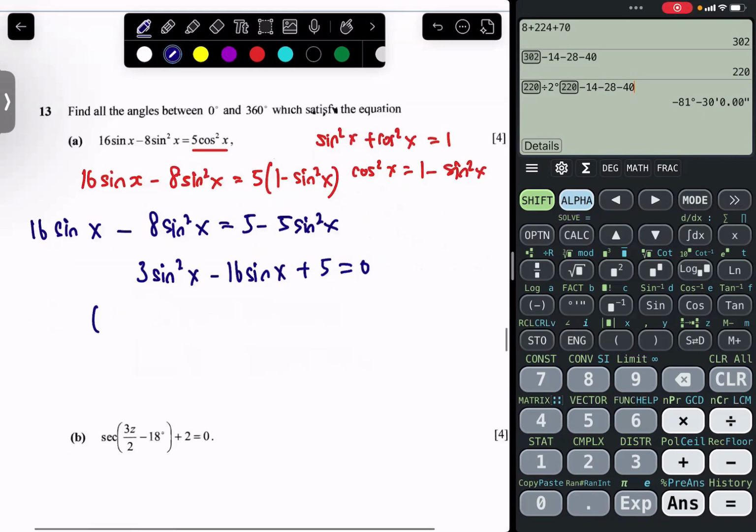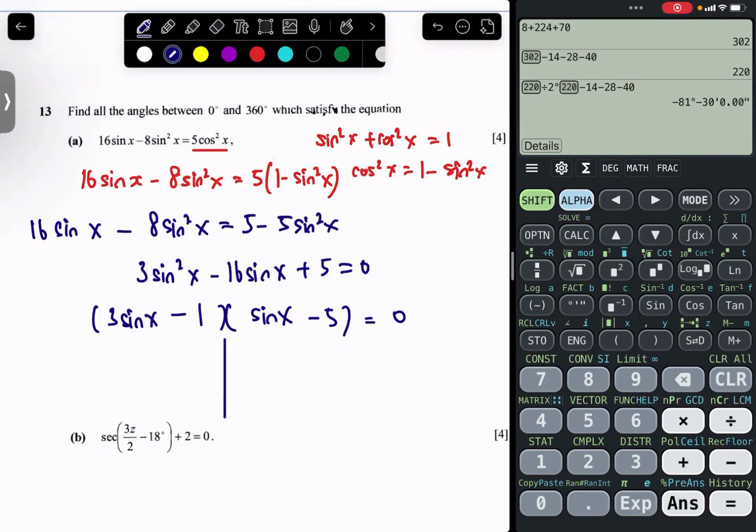Okay, so break it down into two parts. We'll have (3 sine x minus 1)(sine x minus 5). So over here we'll have sine x equals 1/3 and sine x equals 5.